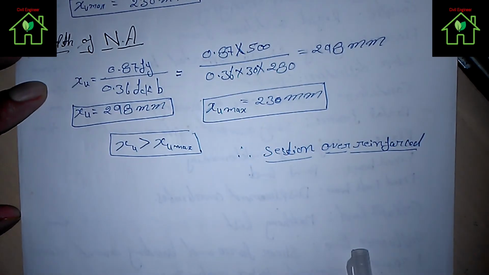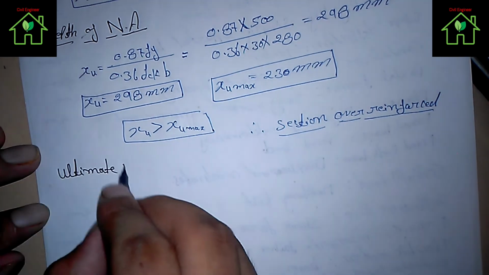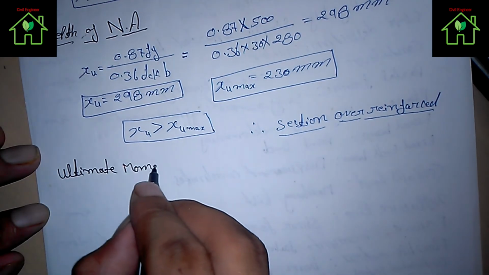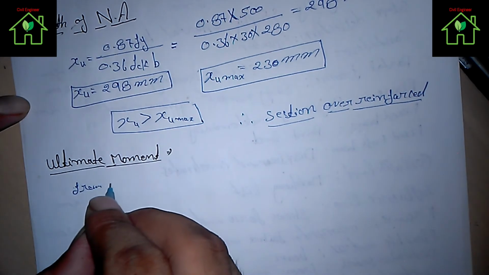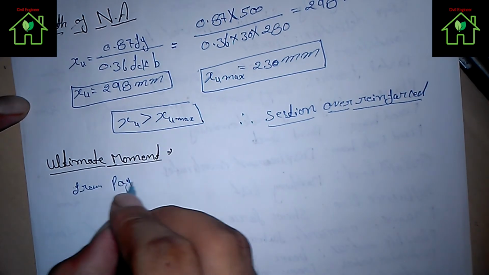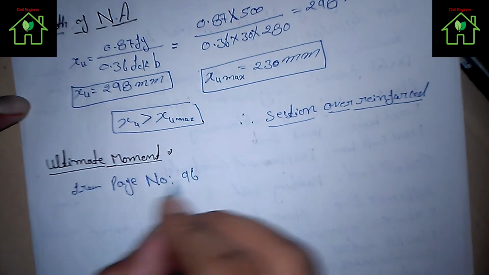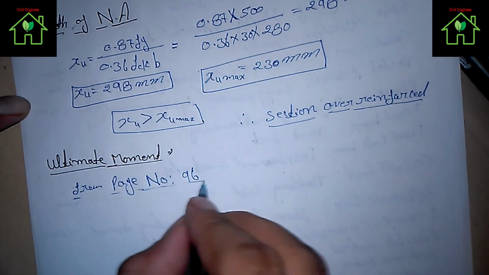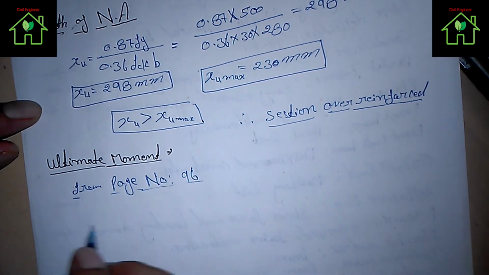After getting this value, we will calculate the ultimate moment. From page number 96, here we will get the formula.